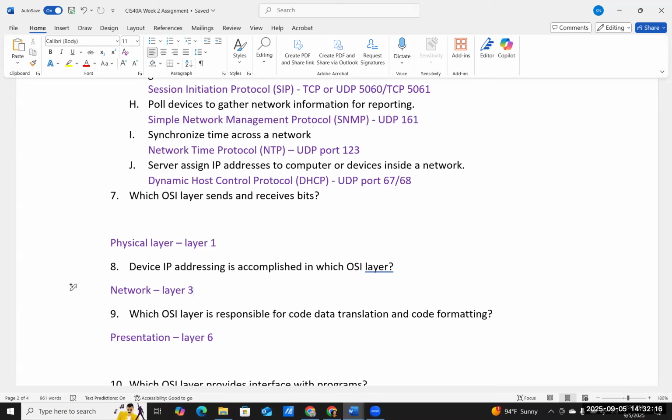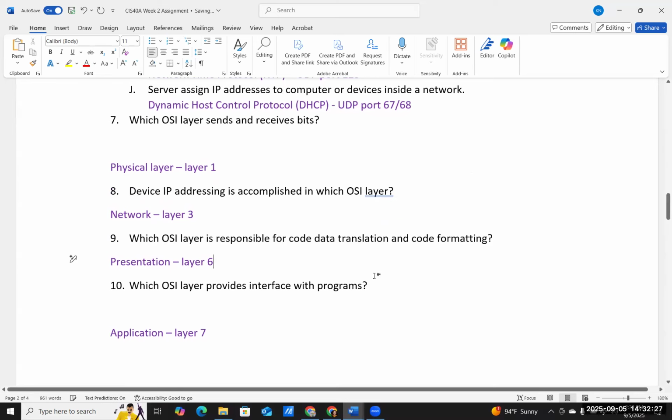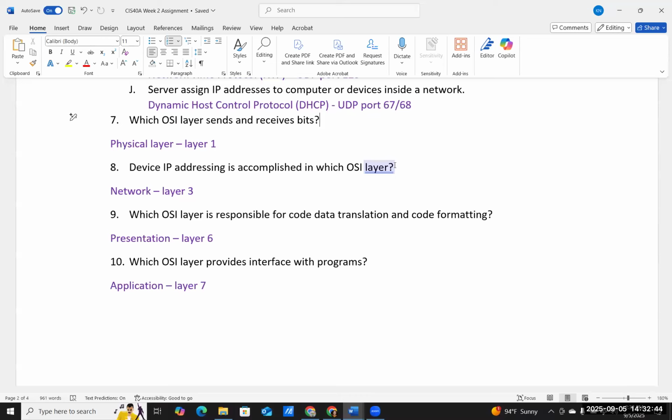It takes the coded data and interprets it. And lastly, layer 7, which is application. It is a way that we can interface with the programs or the system. As the name says, application. So a browser is an application.